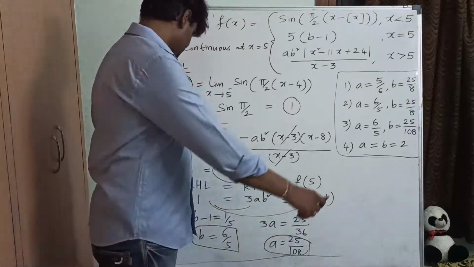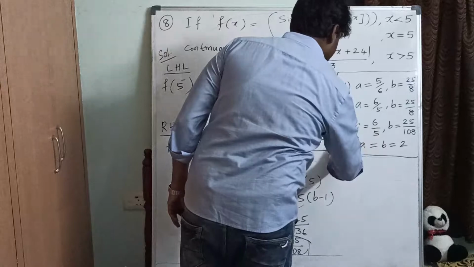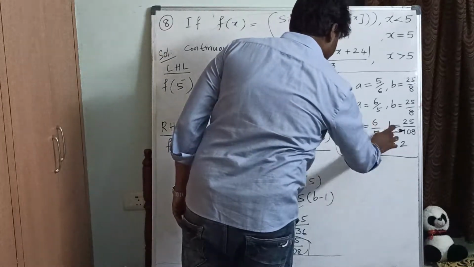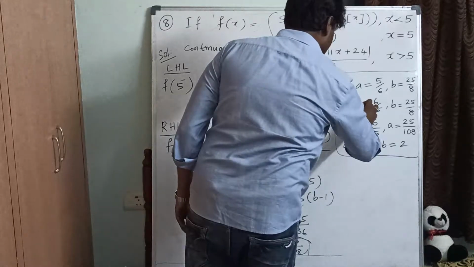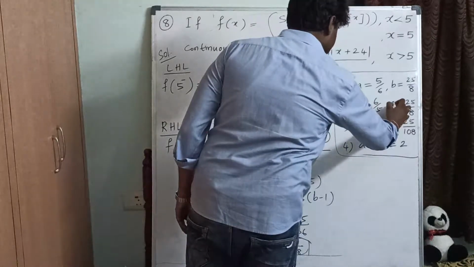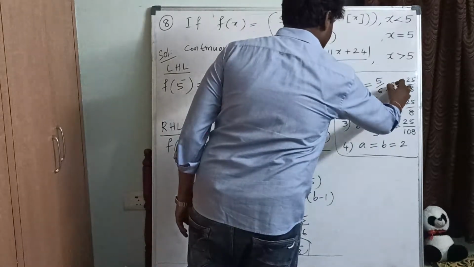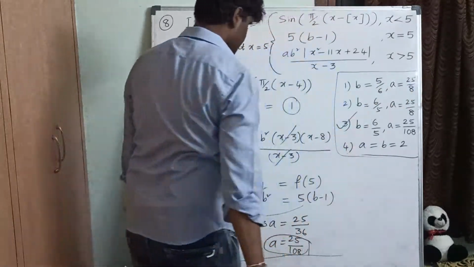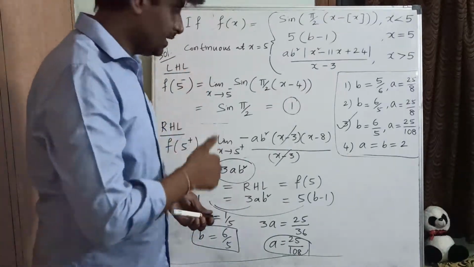Actually here this is b, right? So these are b, a values given. These are the values which must be given in reverse manner. Now, option 3 is correct. Clear? Hope you understood. Just make a note of that.